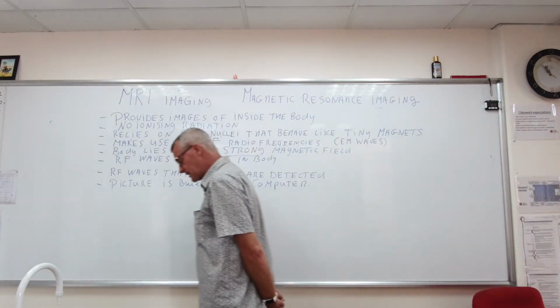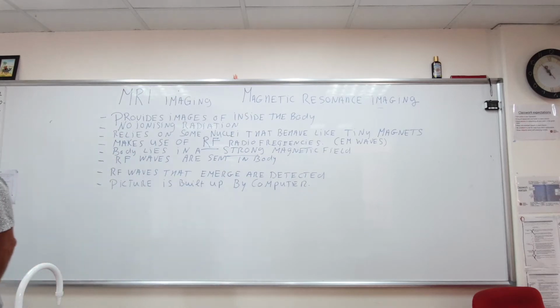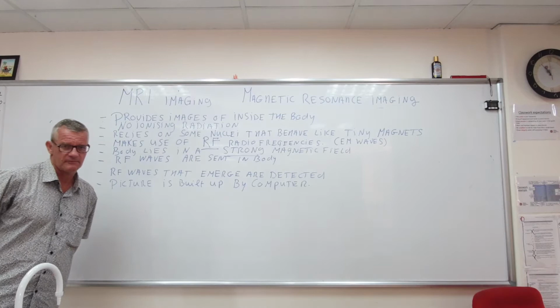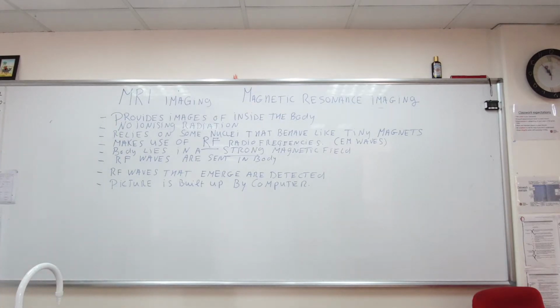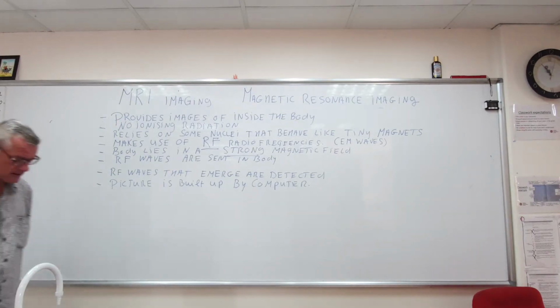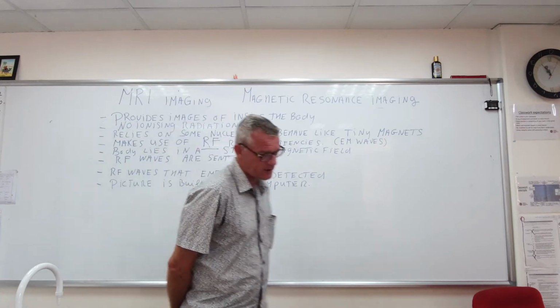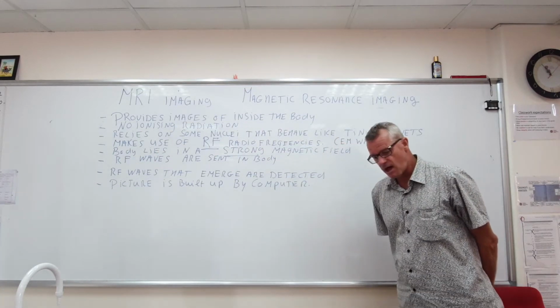Now, how does it work a little bit? Radio frequencies are sent in the body. The radio frequencies that emerge are detected, and then in a computer a picture is built up.